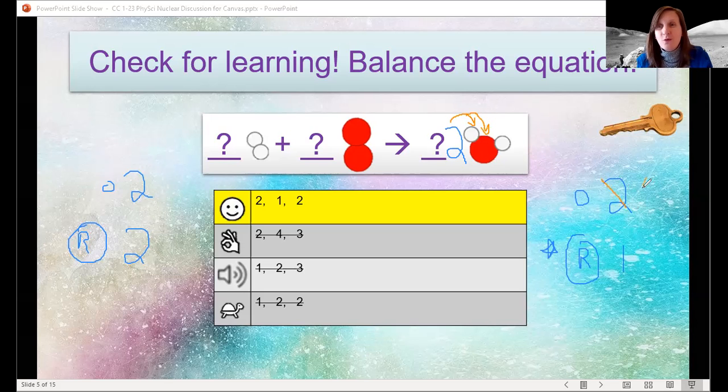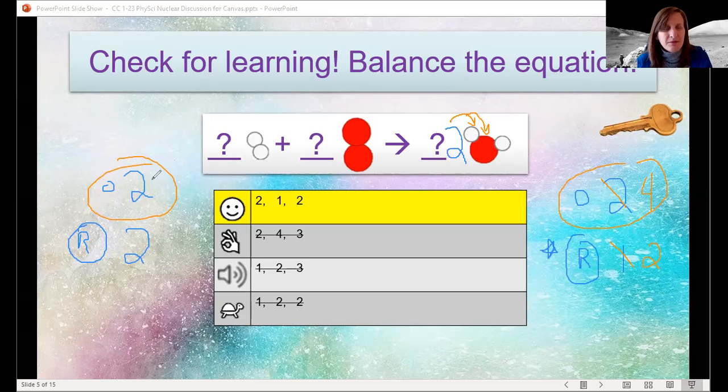So now I have 4 of the little white circles, and I have 2 of the big red dots. Now our little white circles don't balance out, because they have different masses. I've got 2 in the reactants and 4 in the products.